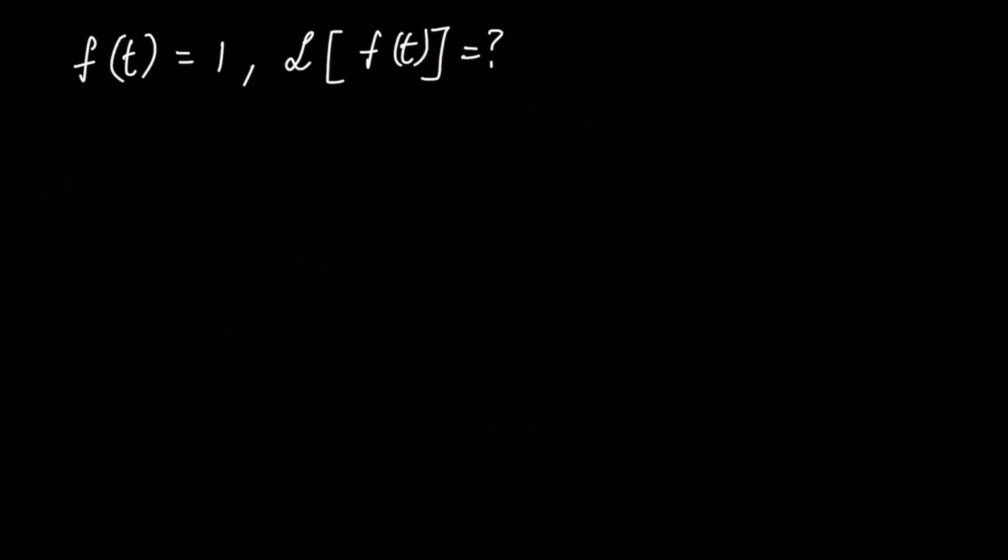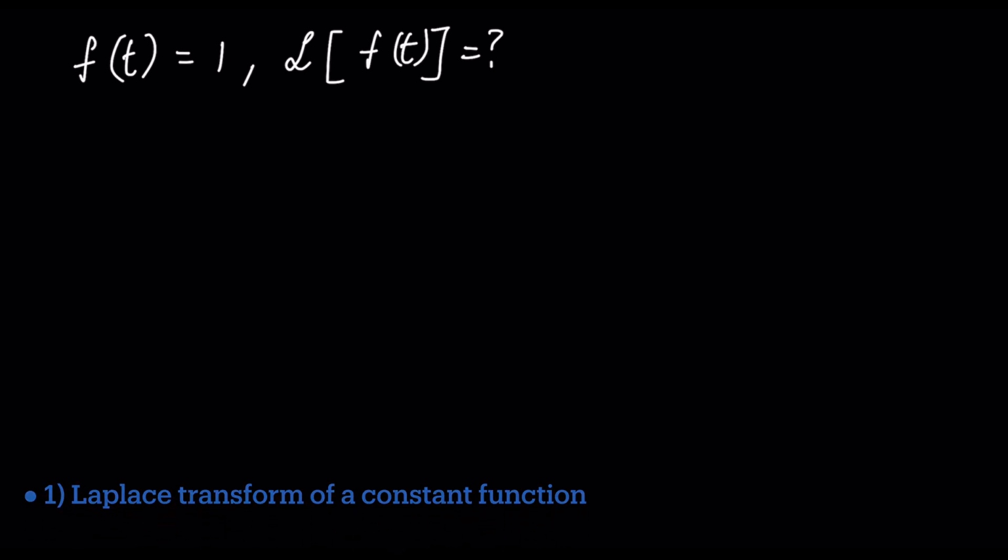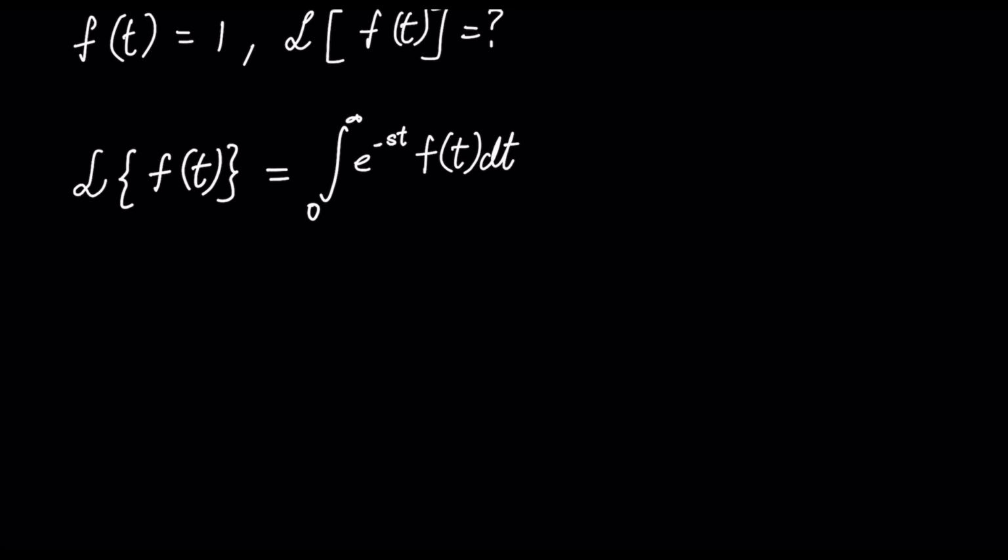Let's begin our discussion with the most basic transform, the Laplace transformation of a constant function. Let's consider f of t equals 1. According to the definition of the Laplace transform, we get this expression. By substituting f of t equals 1, we arrive at this new form.